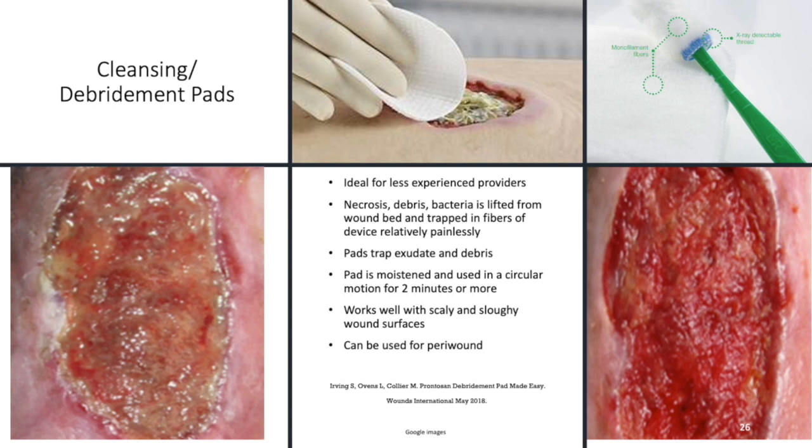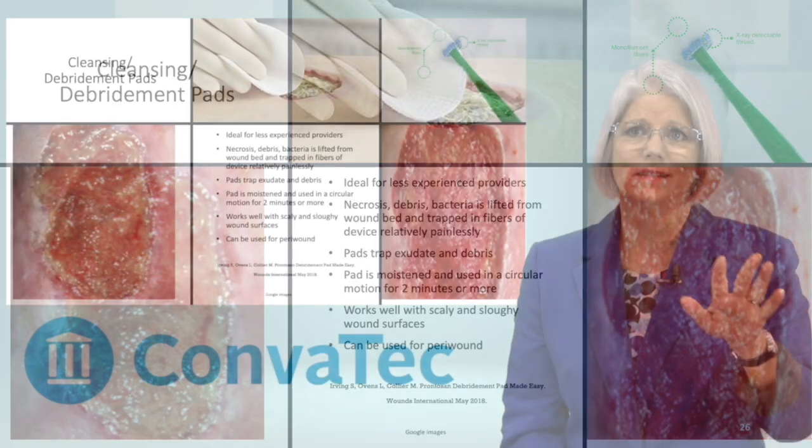So we want to not only mechanically remove, but we want that chemical activity of bactericidal, whether it be planktonic or biofilm. So you need to do a couple minutes of doing this because you want to remove the seen, but you also want to remove the unseen.